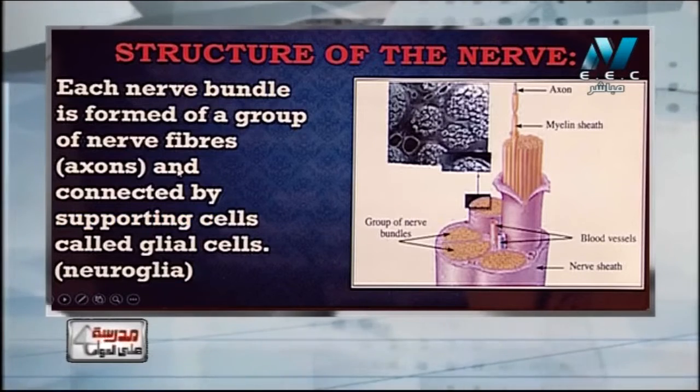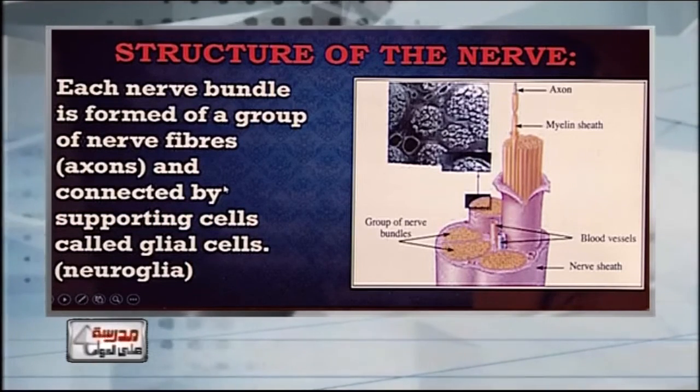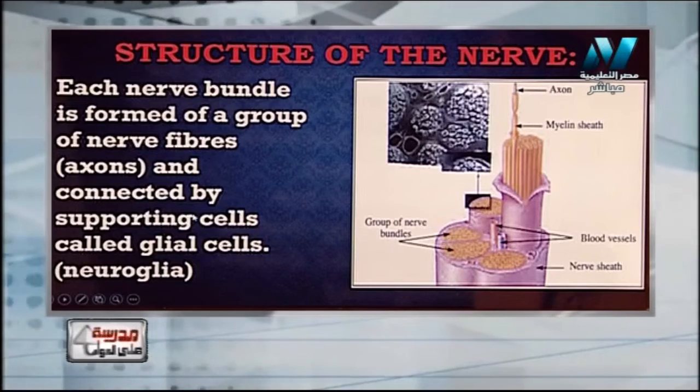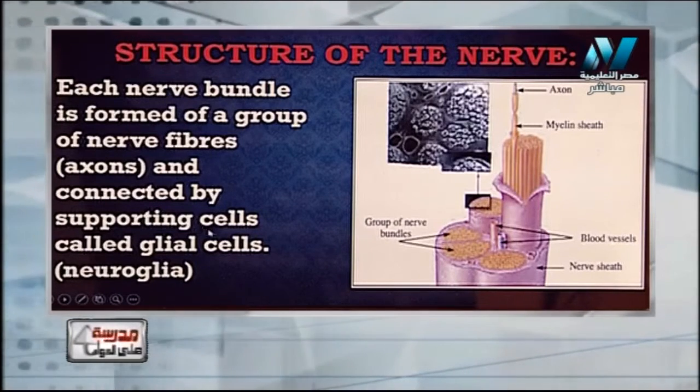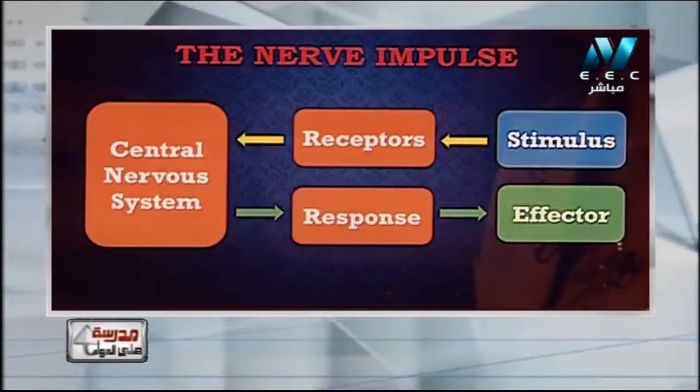Okay, so the axons are in the bundles of nerve, and there is another type of cell that is called glial cells or neuroglia.